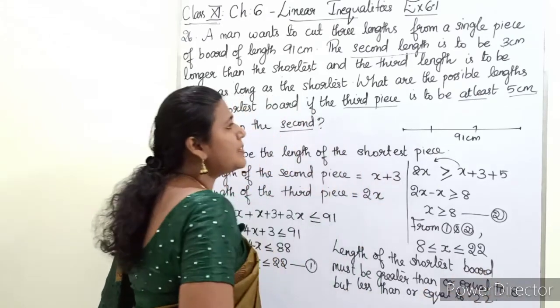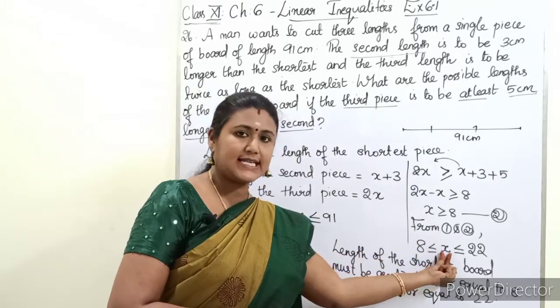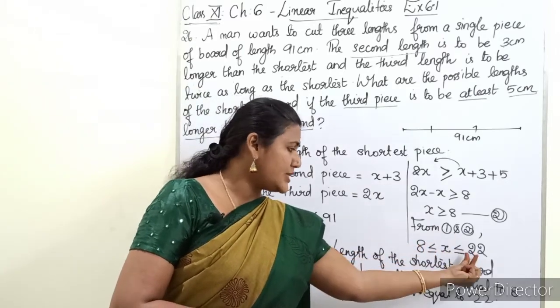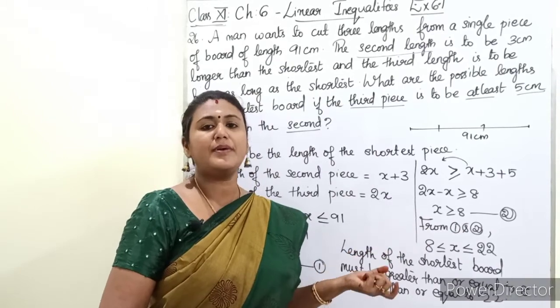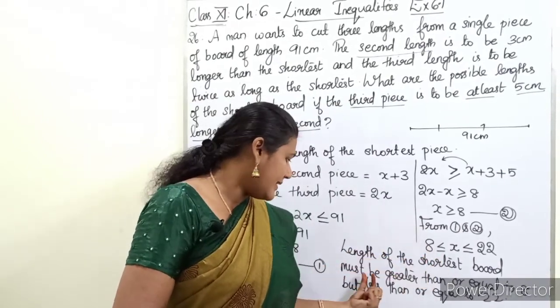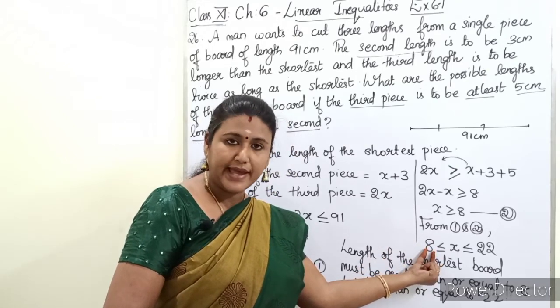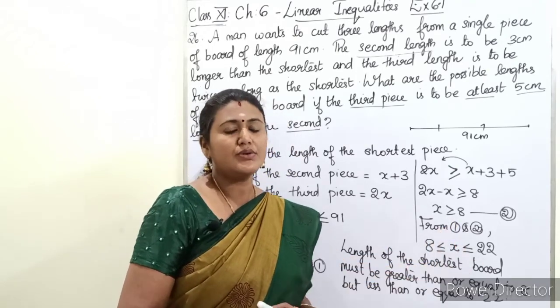Since x lies between 8 and 22, the possible length of the shortest board must be greater than or equal to 8 but less than or equal to 22.